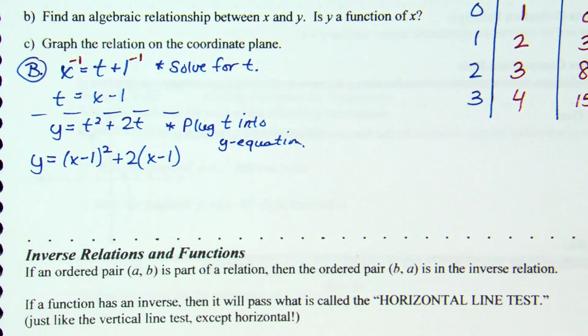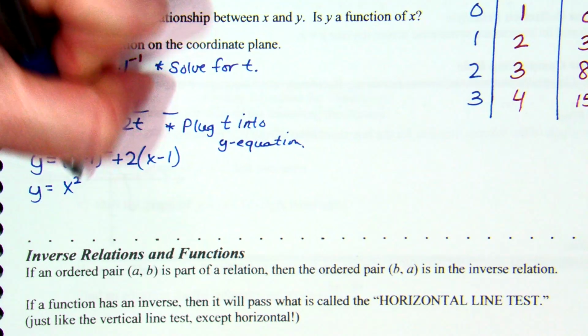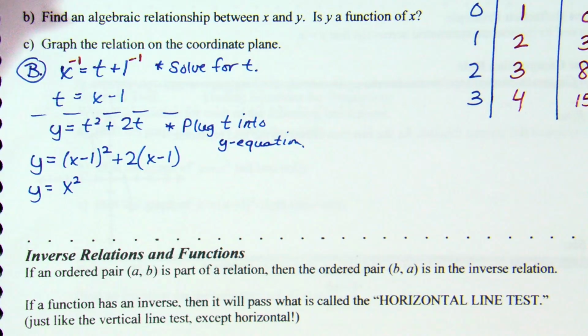So first, x times x is x squared. Outsides and insides. Minus 1x. Another minus 1x. So if you don't mind, I'm going to go ahead and say minus 2x. And then minus 1 times minus 1.